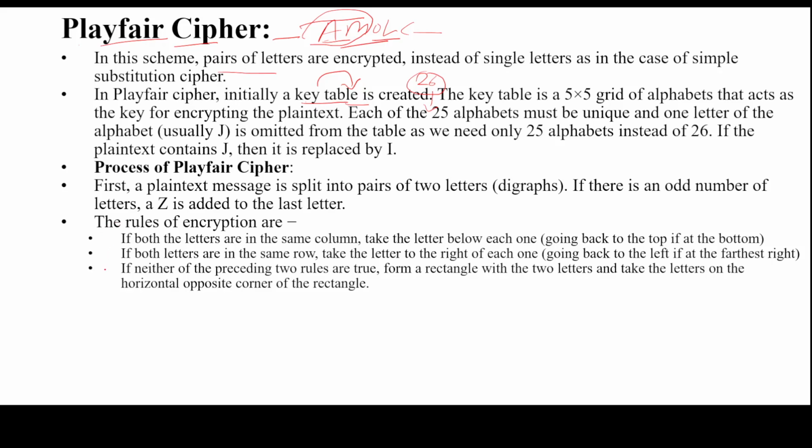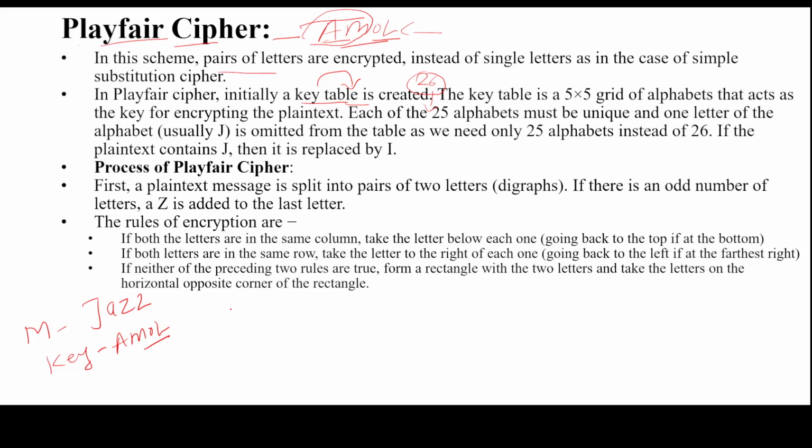So let's consider here I'm having one original message, that is JA double Z. This is the message, this is the data, and the key is, for example, AMOL. Okay, so as I mentioned, make pairs of the original message.